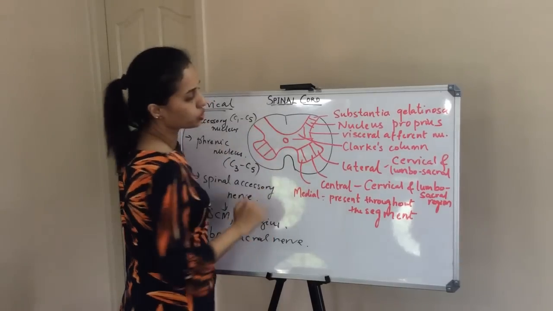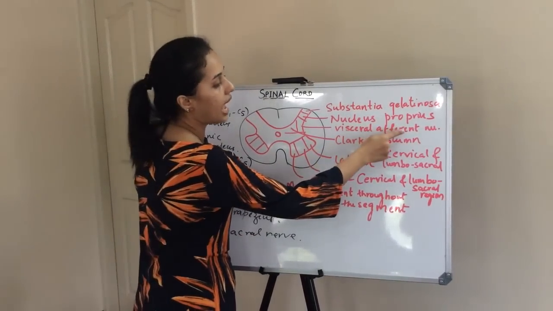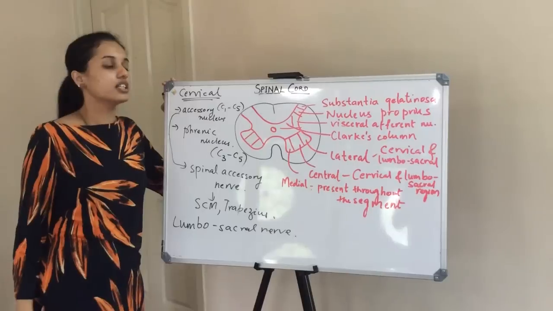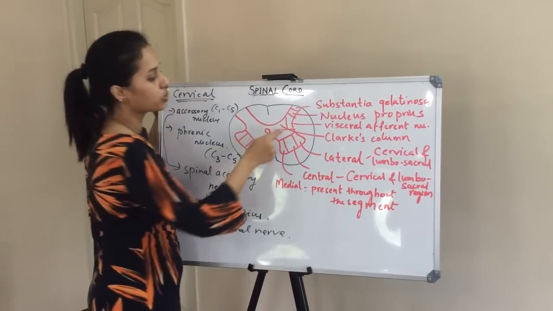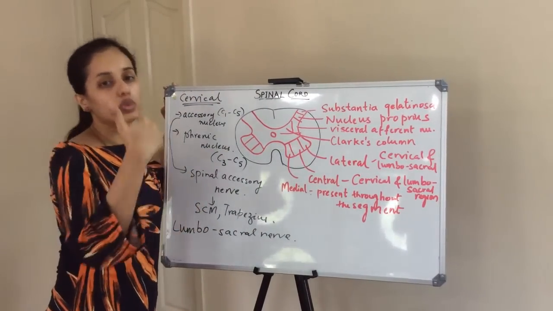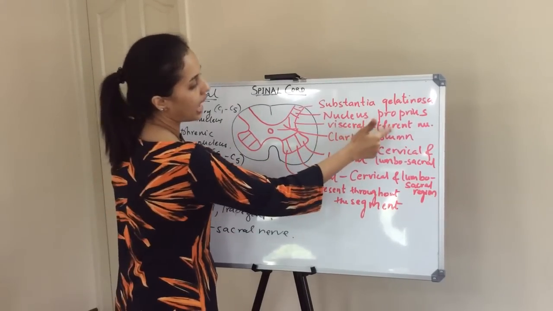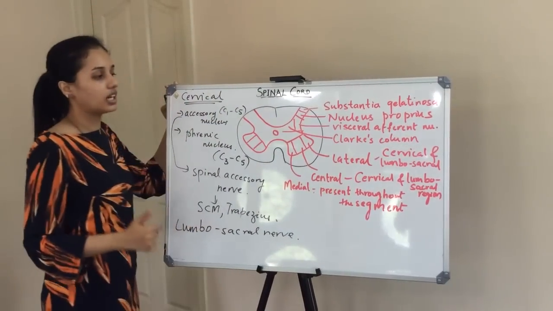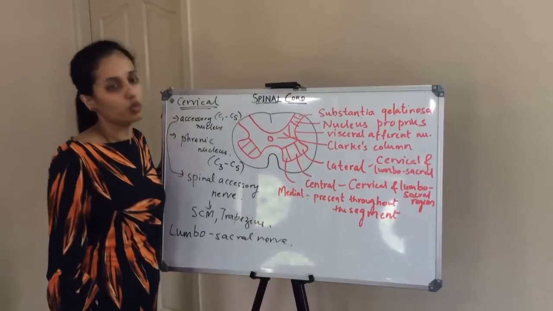Lateral to that there is one more group of cell bodies called the visceral afferent nucleus, distributed from T1 to L3 segment. These receive afferent fibers from the visceral organs, which is why it is named the visceral afferent nucleus.